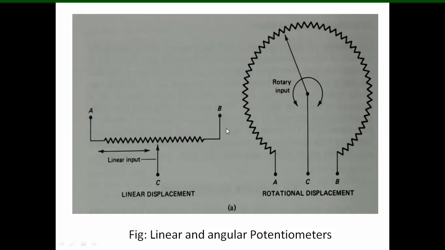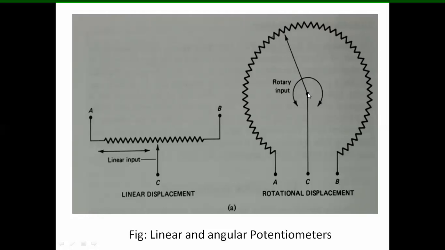Okay. Similarly, we can find the rotational or angular displacement by using this rotational displacement transducer. So this is the resistive element. This arrangement is nothing but a resistive element, wound on a membrane.